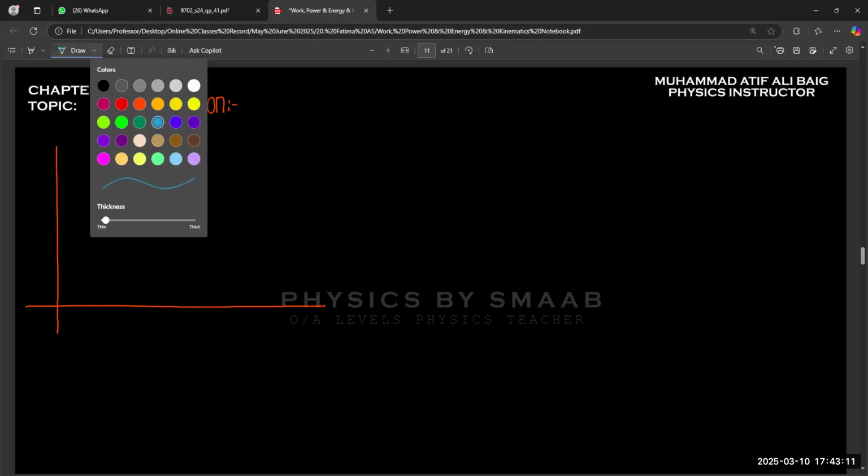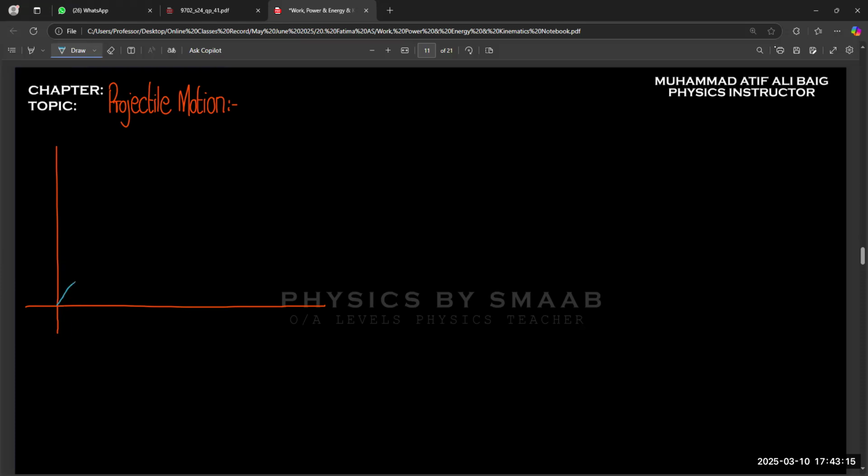So in projectile motion, for example, if we mark x and y axes, this is the representation of the projectile motion.